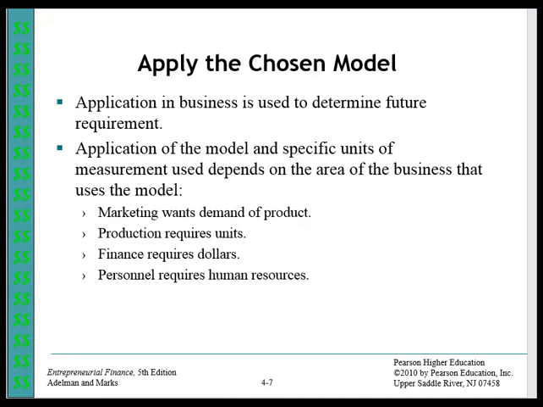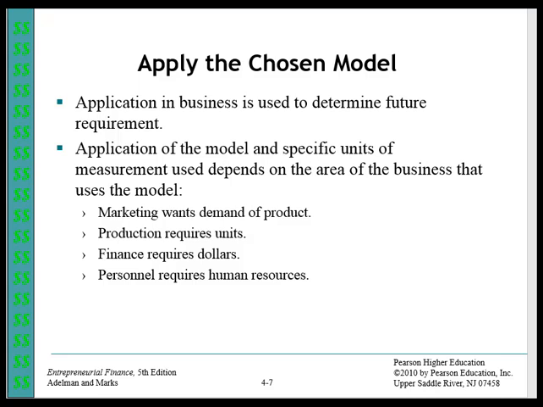We have to figure out how we're going to physically do this. What's the process of gathering the data and putting it into the model itself? This really is dependent on who needs the data. The marketing part of the company wants information on product demand. Production needs information on the units that are required. Finance needs information on the dollars that are required.